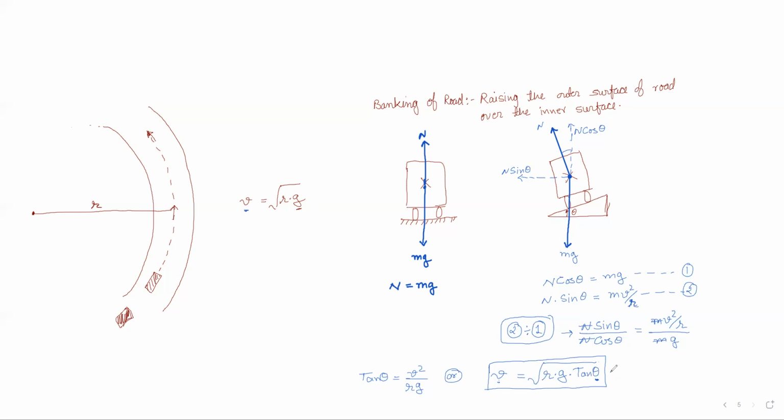Now it depends upon the angle of banking. If you increase the angle of banking, we find that the allowed velocity value also goes on increasing. In a very special case, suppose theta becomes 90 degrees. Then tan theta is infinity, so the allowed value becomes infinity.